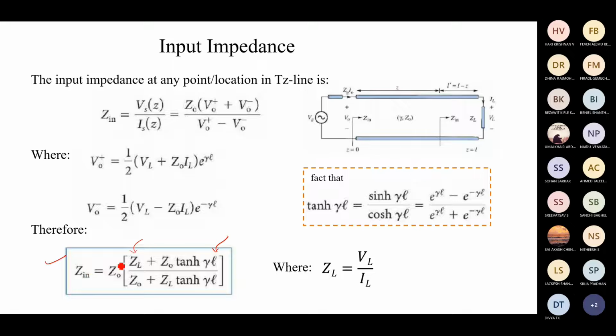Now the question is, what will make this value equal to Z0? This is a very important question, because when this value is Z0, here also we get the input impedance as Z0, and whatever the load may be, all the power will be transmitted, provided Zs is also equal to Z0.